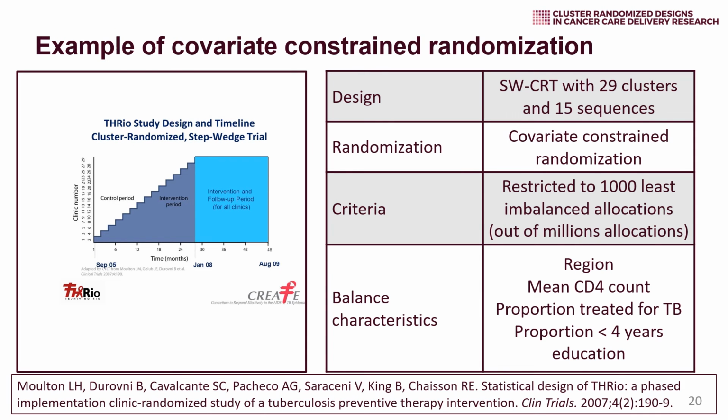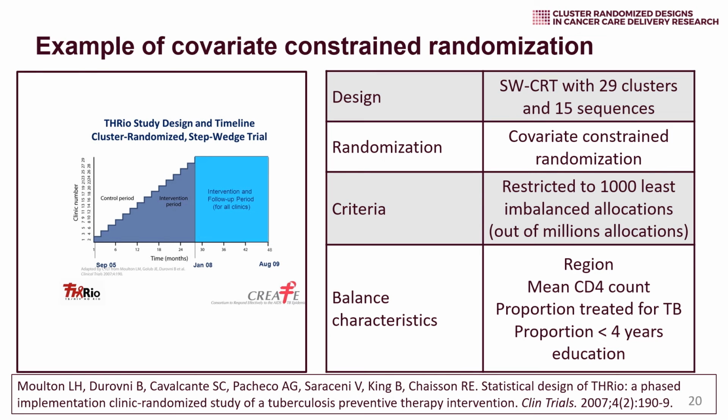So here's an example of a study that used covariate constrained randomization. It's a stepped wedge cluster randomized trial called the 3.0 study. It had 29 clusters, and these 29 clusters were allocated to 15 different sequences. It used covariate constrained randomization, and the covariates or characteristics that it balanced on were region, mean CD4 count, proportion treated in the cluster for TB, and proportion with less than 4 years education.